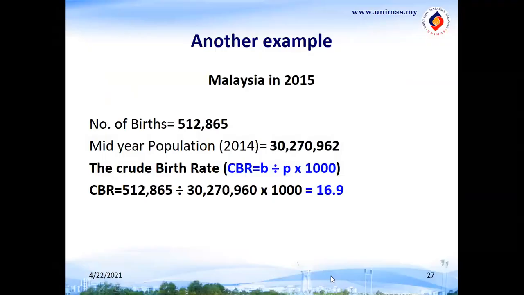Okay, so what about us? Kita di Malaysia, this is a figure that I got just for purpose of illustration. For example, in Malaysia in 2015, we have only 512,165 recorded live birth in 2015.